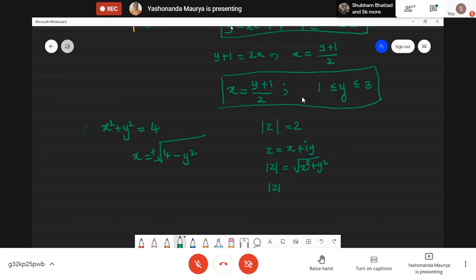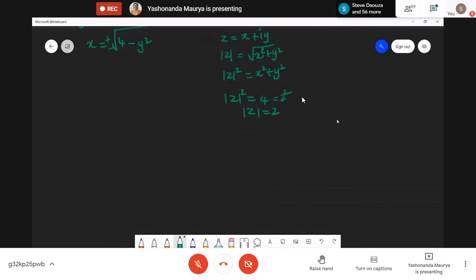So mod z square is x square plus y square. So a compact way of writing this is mod z square is equal to 4, but 4 is nothing but 2 square, so I can write it as mod z is equal to 2. This is one way of writing the circle.